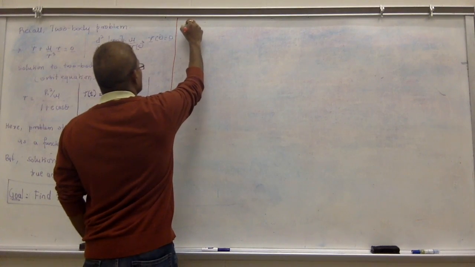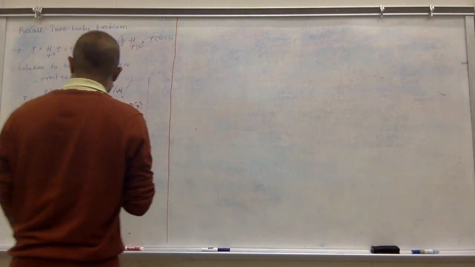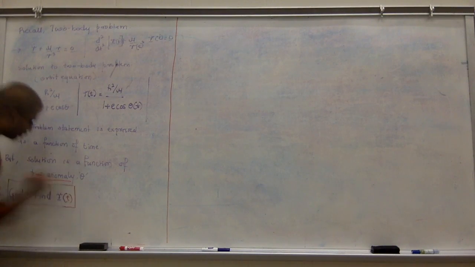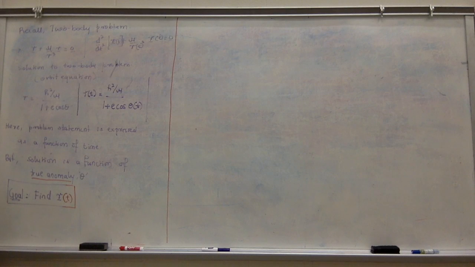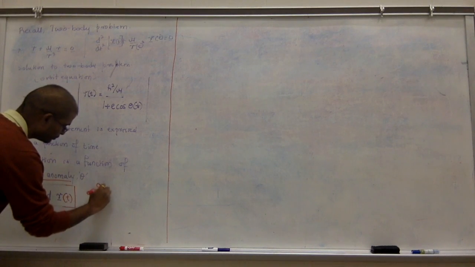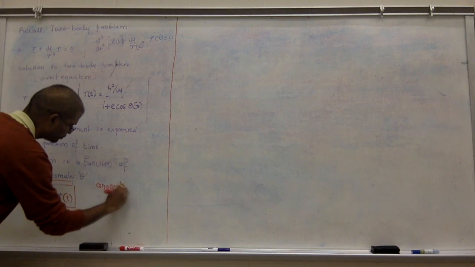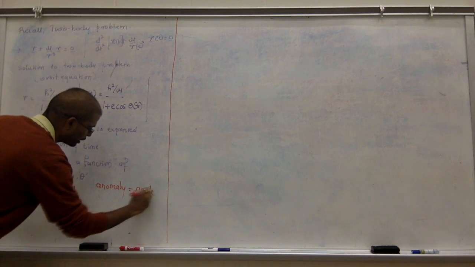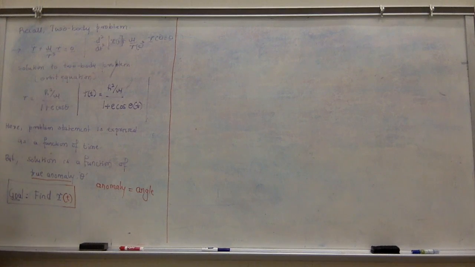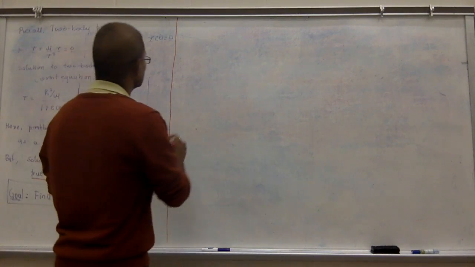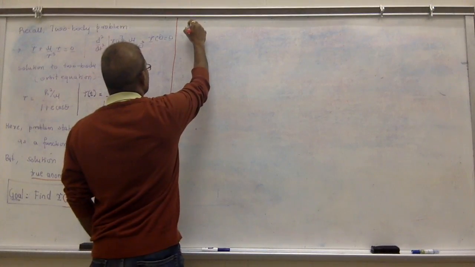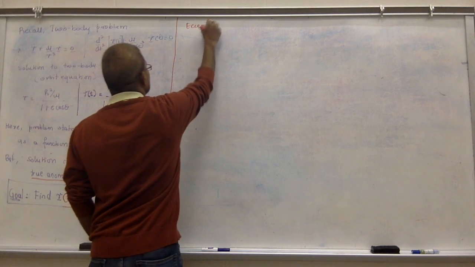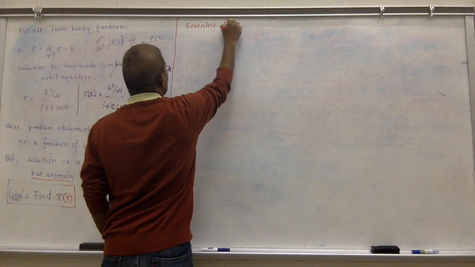We introduce something called, keep in mind, we already know true anomaly. Anomaly is nothing but an angle. Okay? So we'll introduce something called eccentric anomaly.